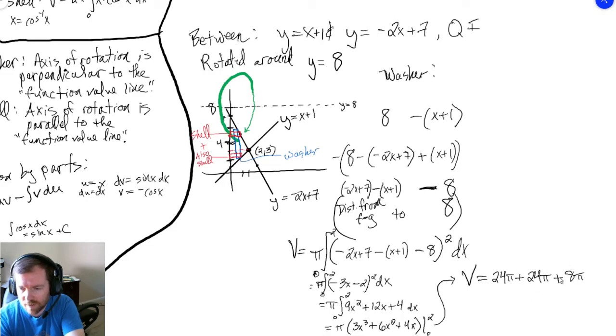This is 48 plus 8 is going to be 56 pi. The volume here is going to be 56 pi.